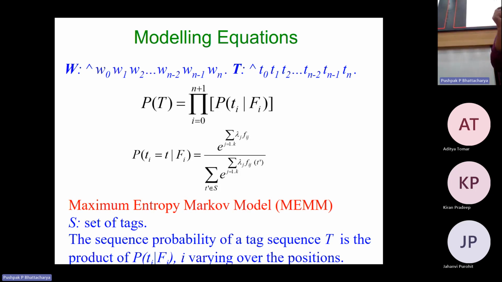Lambdas are the weights of various features. Now, if I see a suffix ed, and if everything is in order, then ed is a sure signal that the word is a verb. So ed has to have very high weightage there. The features have different weights, and these weights are learned from the training data.